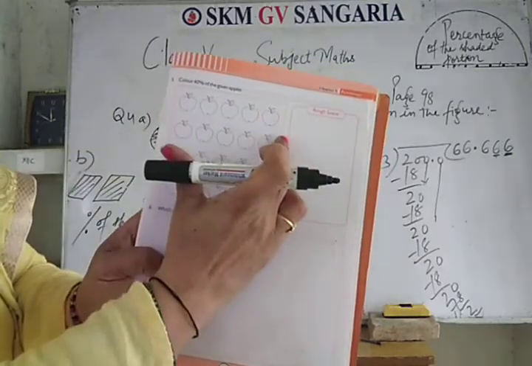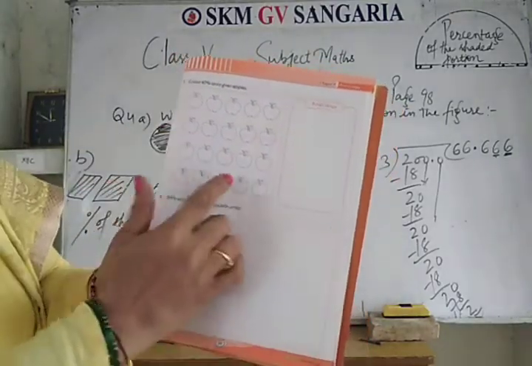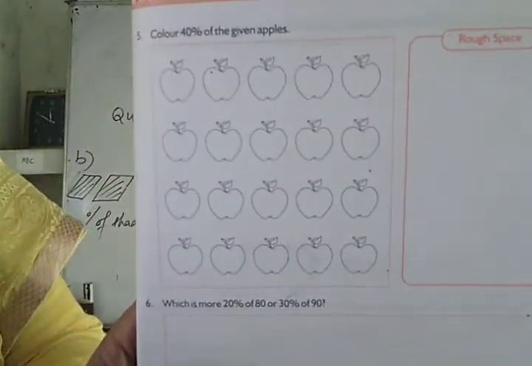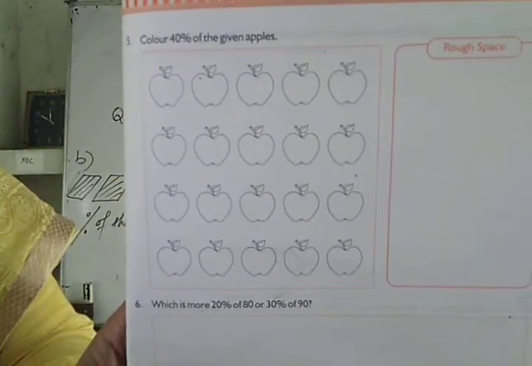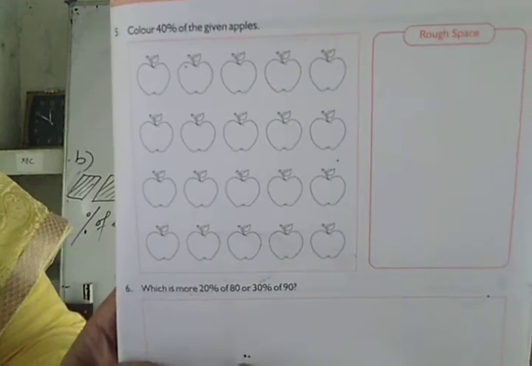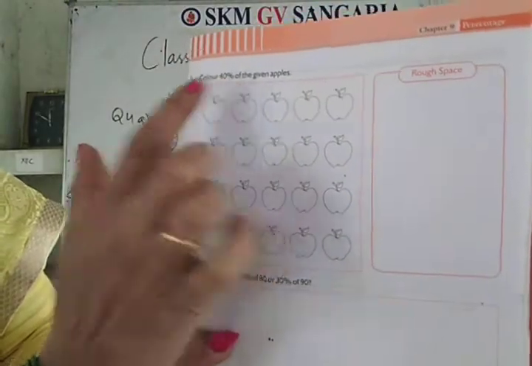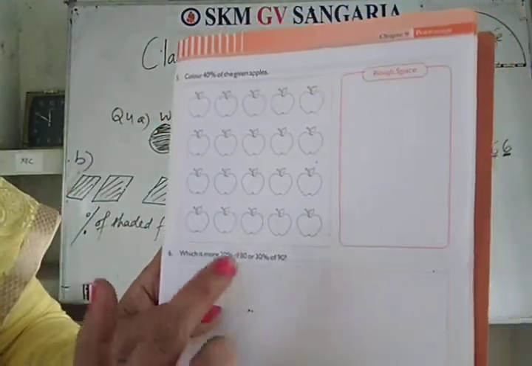In one row there are 5 apples. So, total how many apples are there? 20 apples. Then you will calculate 40% of 20 apples.